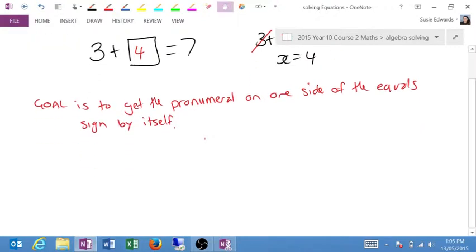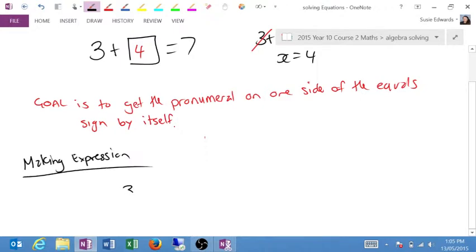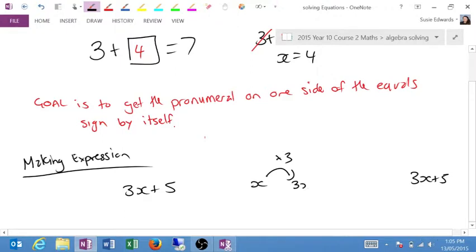The first thing we need to be able to do is look at how an expression is formed. So in terms of making expressions, for example, if I have 3x plus 5, we made that expression from x to 3x plus 5 by multiplying by 3 to get 3x, then adding 5 to get 3x plus 5.